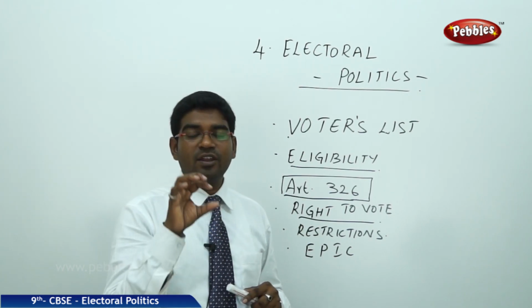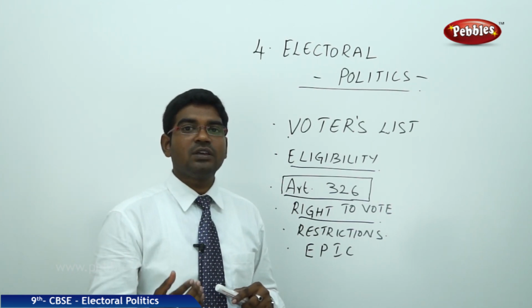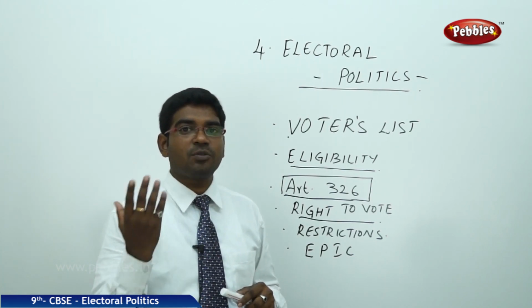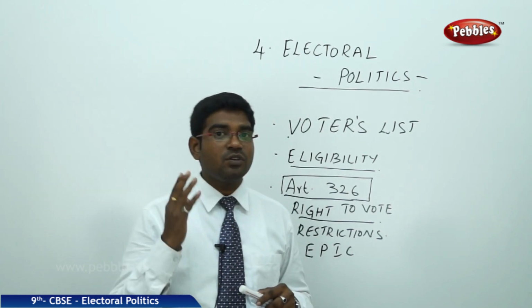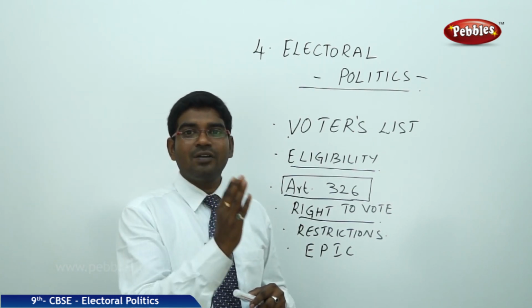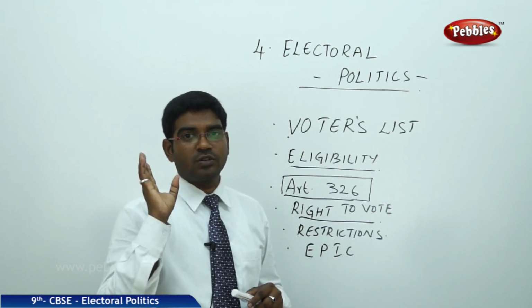Likewise, people involved in terrorist activities or criminal procedures will not have the right to vote. Except these people, all those who have attained 18 years and above are eligible to vote.